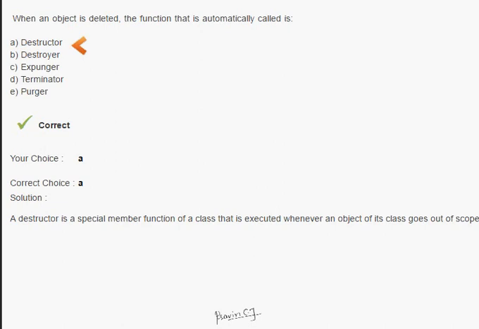A destructor is a special member function of a class that is executed whenever an object of its class goes out of scope, and whenever the delete expression is applied to a pointer to an object of the class. That function, which is automatically called when the object is deleted, is a destructor.